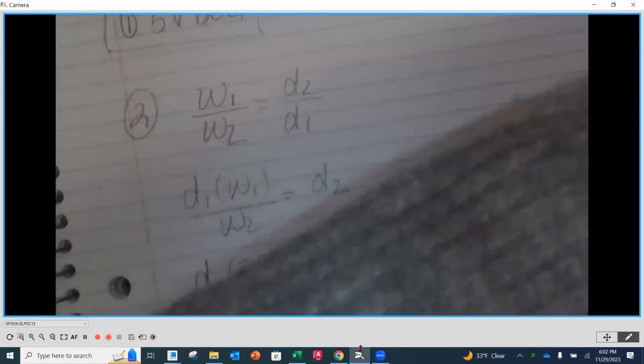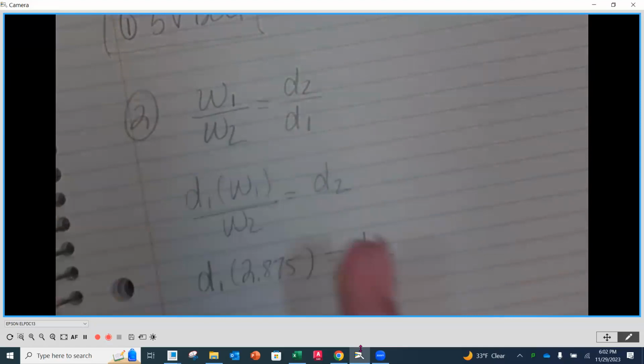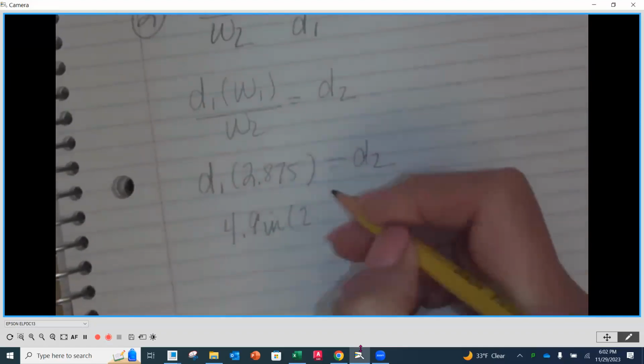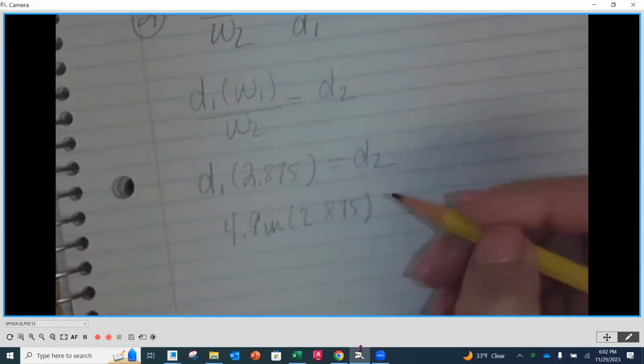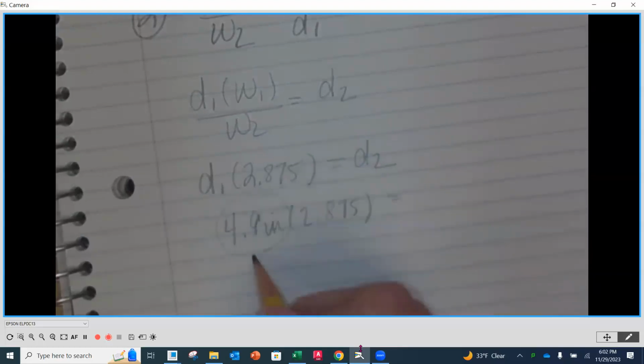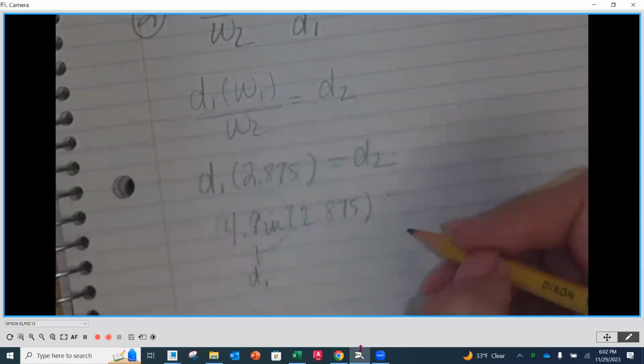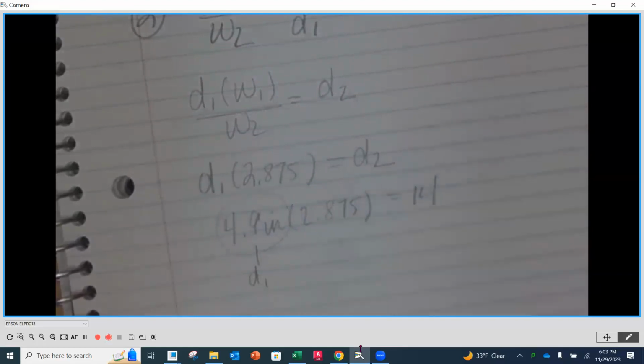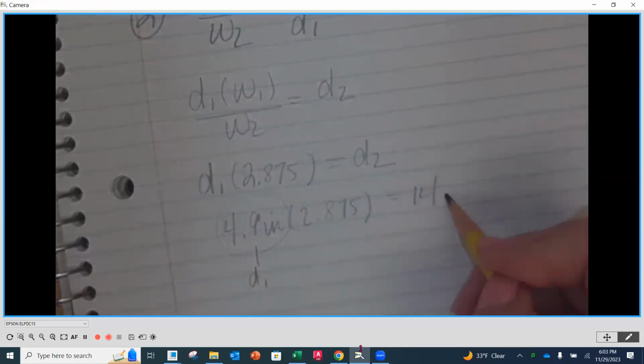And I'm going to multiply it by our factor and see if there's anything close to create that same ratio. Okay, now this is just trial and error. That's all this is. So I'm going to take 4.9 inches times 2.875, our velocity ratio. We're trying out this as our D1. Okay, so 4.9 times 2.875, and we're going to get 14. 14, and that would be inches, right?